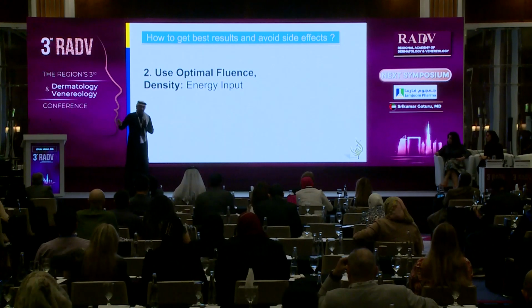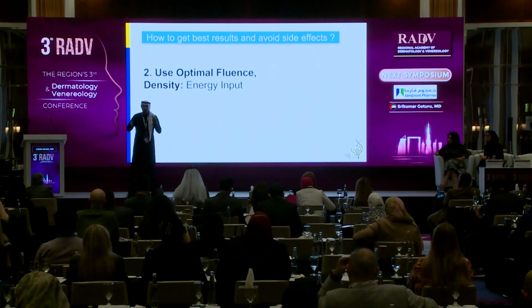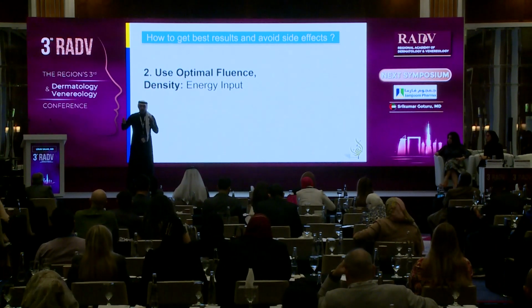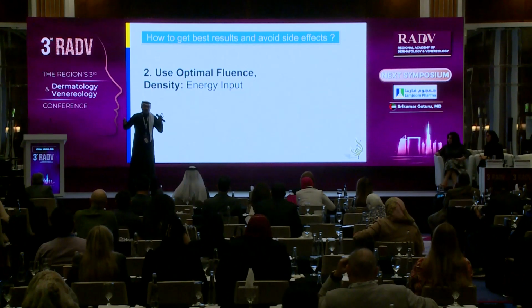And also use lower density. The thing with density, when you use fractional laser, is also very important, because if you use higher density, again, there will be a higher density of energy that will dissipate to the surrounding tissue. So if we want to choose between fluence and density, which one is more important, do you think? Fluence or density?